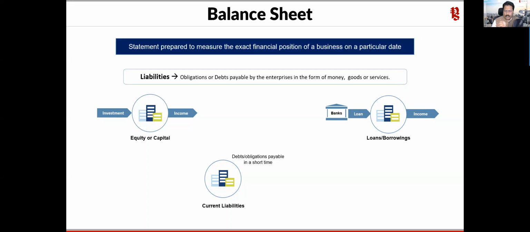And there is a small benefit that you get by way of interest for the money that you park in the bank. The banks are going to use that money for lending to somebody, and they are going to earn out of it. So a portion of the income that the banks earn will pass on to you by way of interest for the money lying in your account, right?